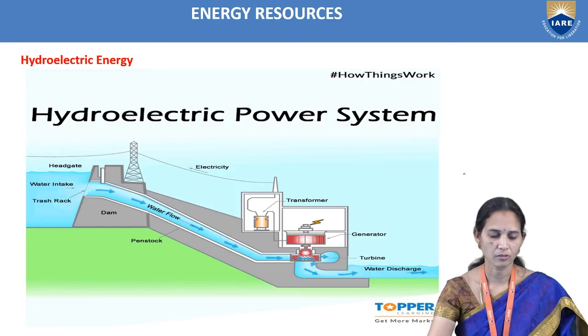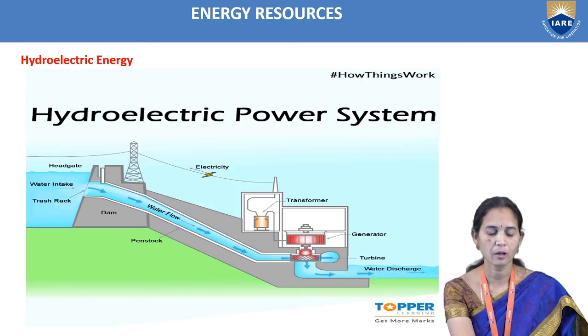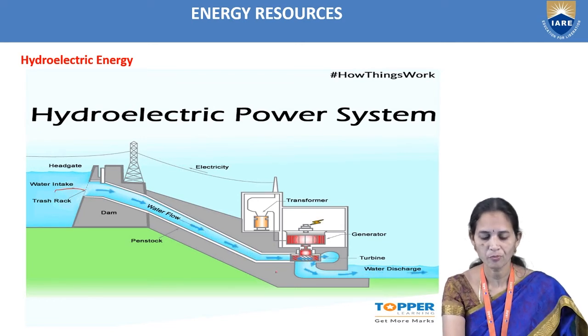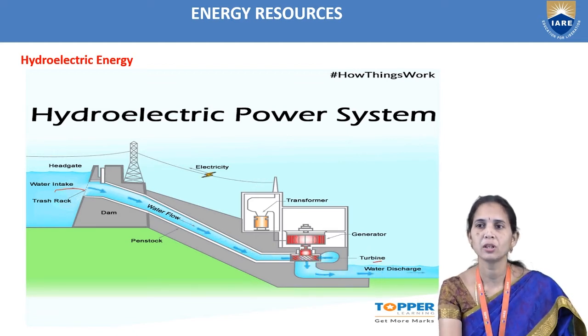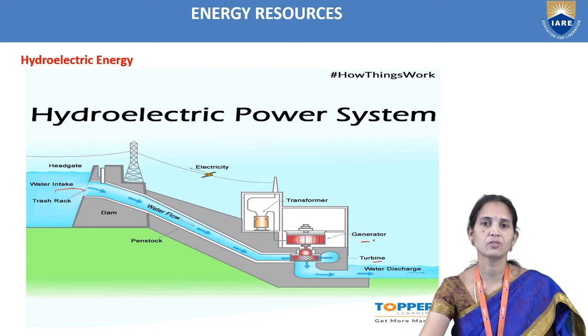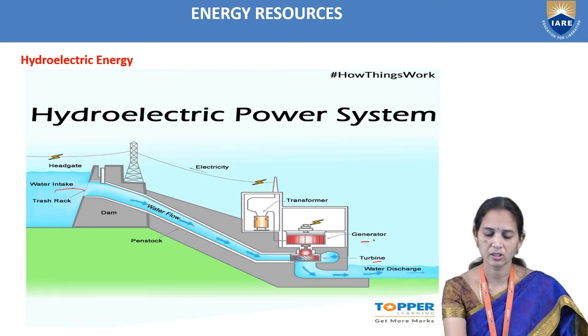We can see here, we are taking water from the dam where we are storing it. We take the water flow, and here the turbine blades are there. By the movement of the turbine blades, it is converted into mechanical energy. Then we are arranging a generator where this mechanical energy is converted into electrical energy.